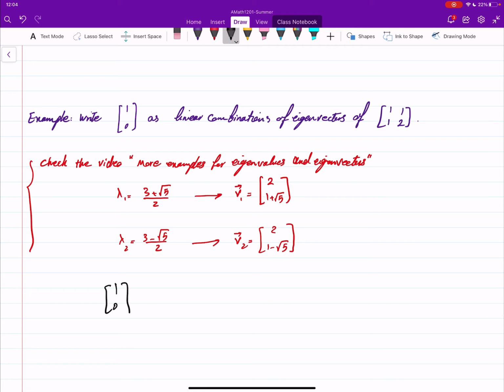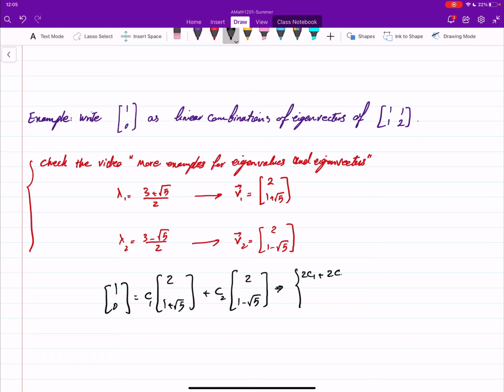So (1, 0) must be equal to C1 times V1, which is (2, 1 plus root 5), and C2 times V2, which is (2, 1 minus root 5). Then write this as equations.